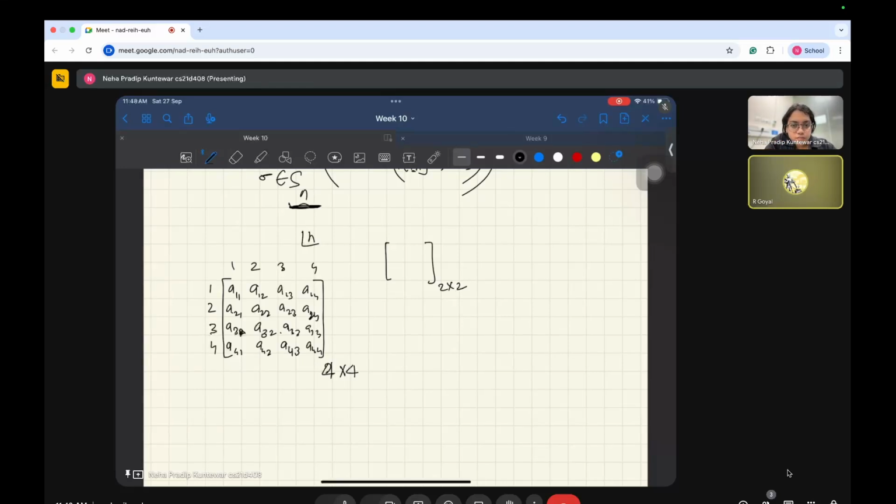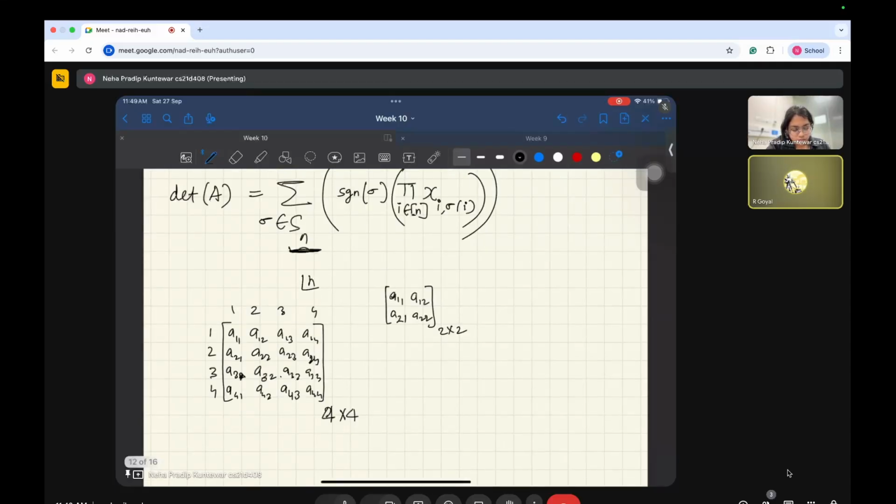If I have two elements, A11, A12, A21, and A22, its determinant is equal to A11 A22 minus A21 A12.